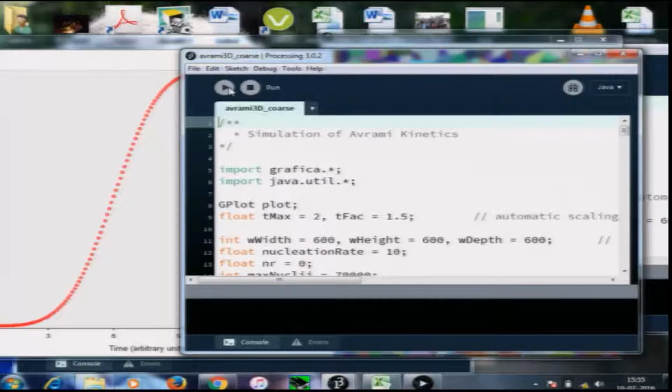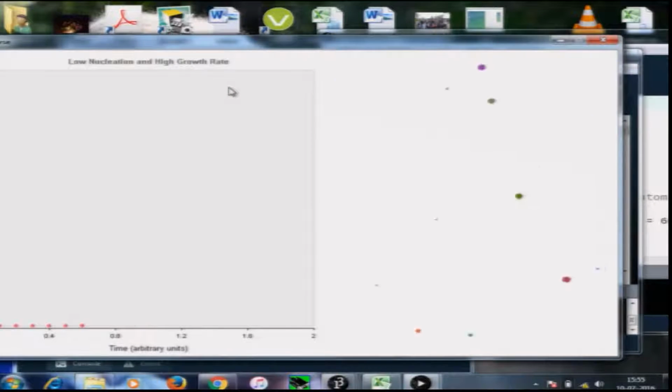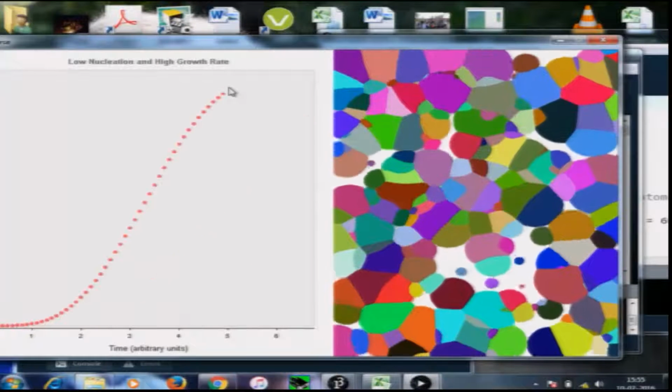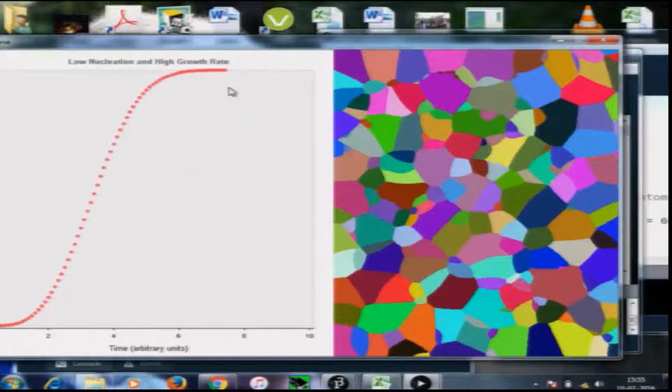In that scenario, if one looks at the structure, one will find that bigger grains are produced in this case as opposed to the previous simulation, and on the left hand side again we see the fraction transformed versus time.